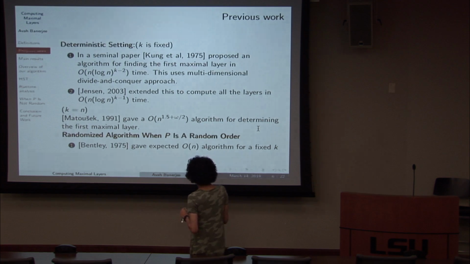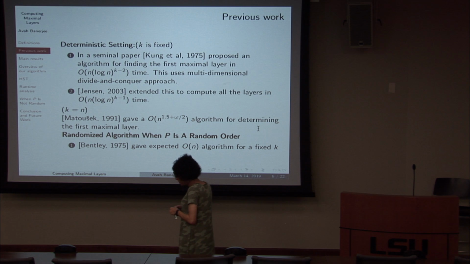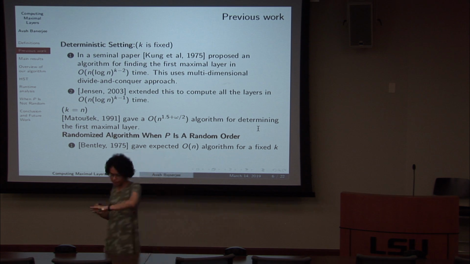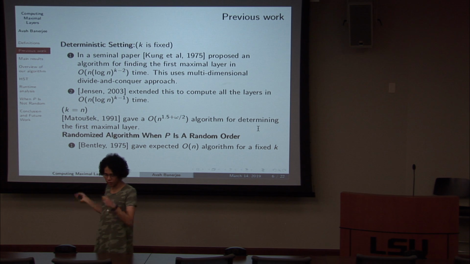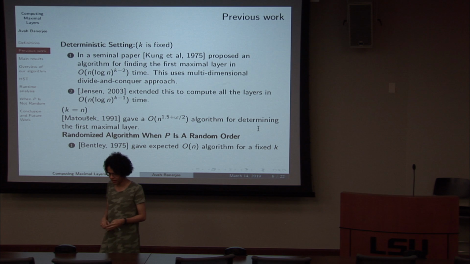Okay. These are some of the previous results. As you can see, the problem is we want to compute this set of maximal layers, the one we described, right? You're given a set of points, and we want to compute all these maximal layers.